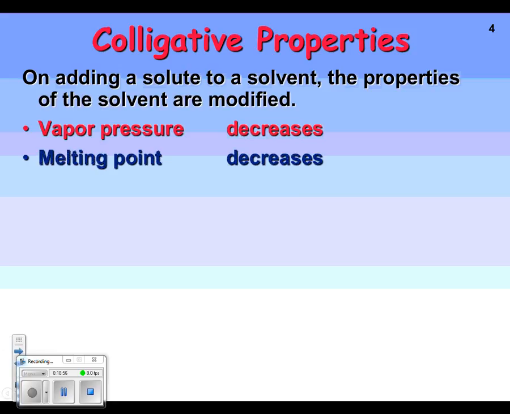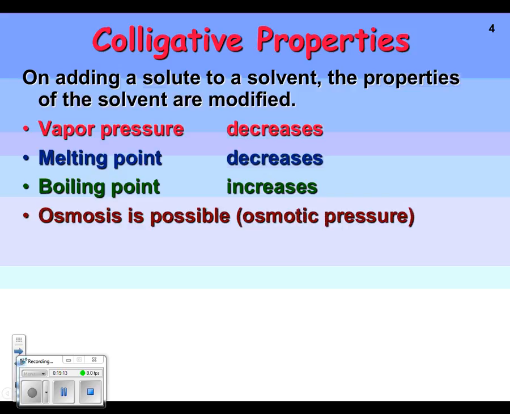I'm just going to list them here on this slide, and then we're going to go into each one a little bit more. Melting point decreases. Boiling point increases. So they call it melting point depression and boiling point elevation. And then osmosis is possible. You get osmotic pressure. And that's important because that's how our kidneys work.